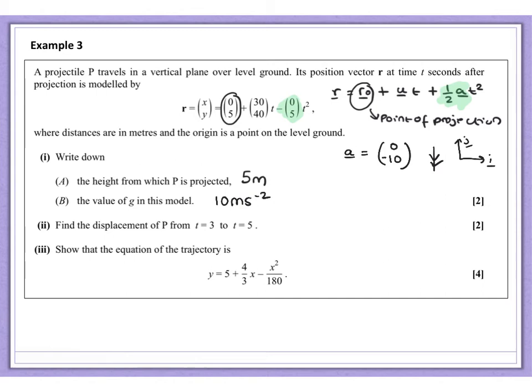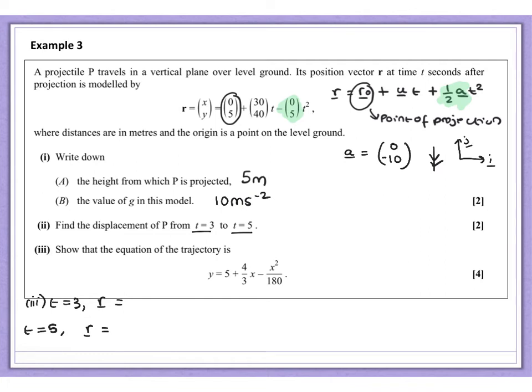Part 2, find the displacement of P from t equals 3 to t equals 5. Okay, so what we're going to do is substitute in t equals 3 and find out what r is, and we're going to substitute in t equals 5 separately, and find out what r is as well.